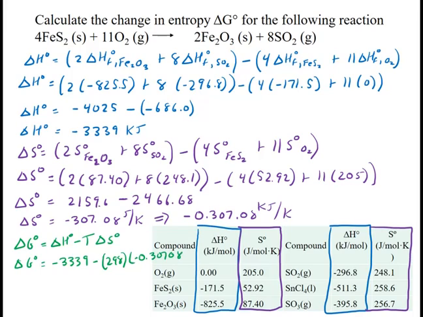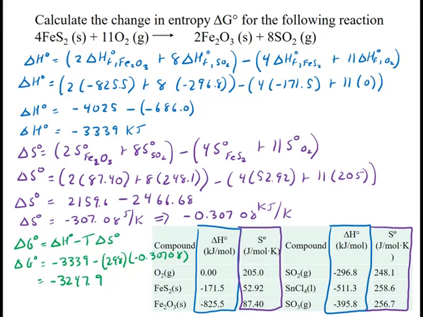I realize I had 2 decimal places there. And when I do that, I get a negative 3247.9.